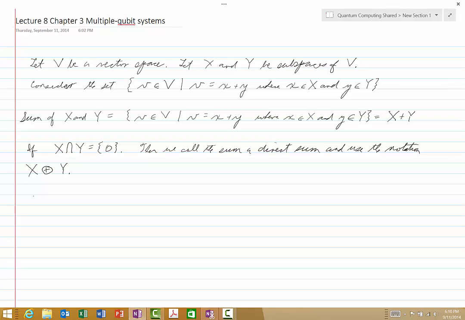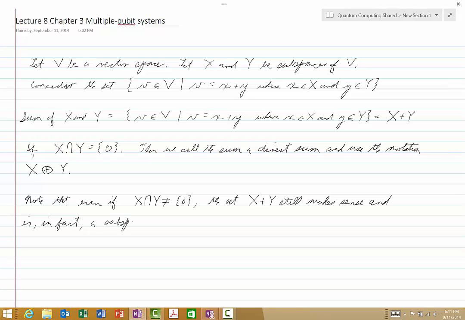Now, a couple of interesting notes. Note that even if the intersection of X and Y is not just the zero vector, the set X plus Y still makes sense and is in fact a subspace.